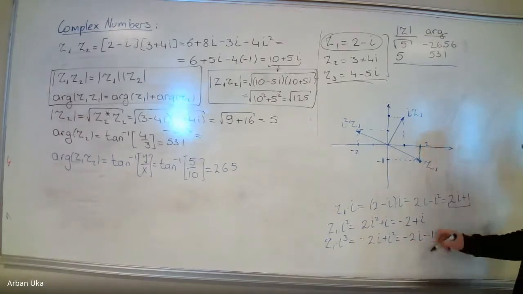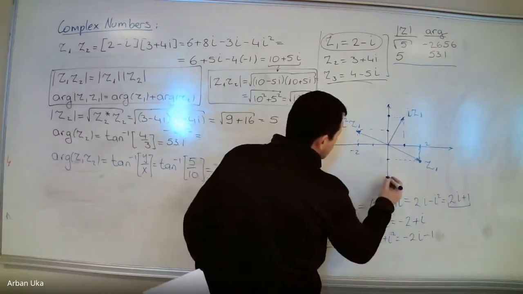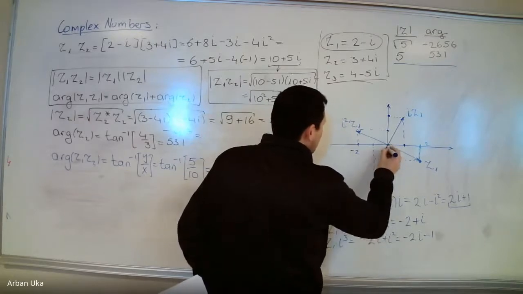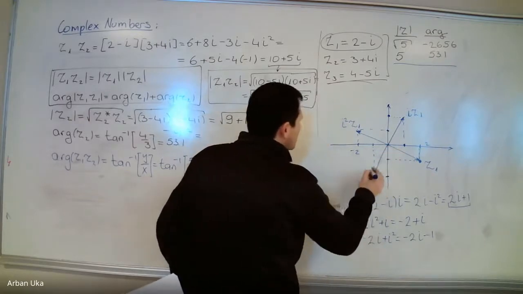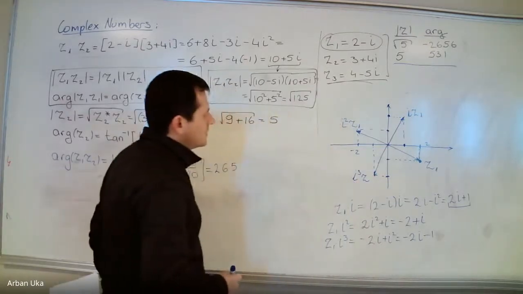So what is the real part? It's minus 1. The complex part is minus 2. So let's have here minus 2. So this number, this is I cubed times z.